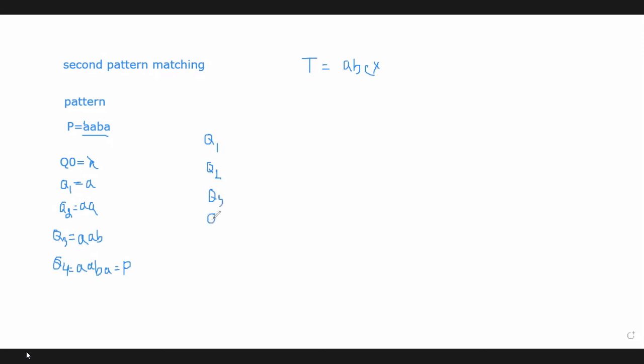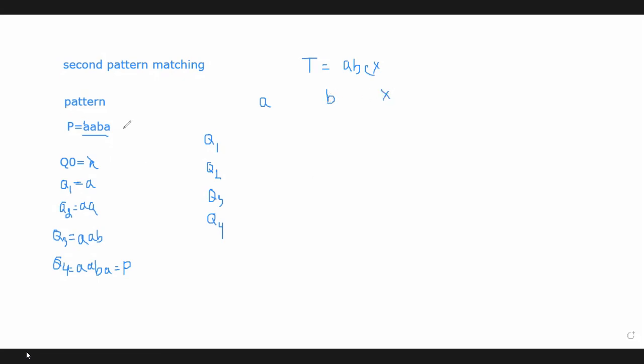We are preparing a table where the rows denote the states, or substrings of the pattern, and the columns are the possible characters of the text: A, or B, or any value other than A and B.